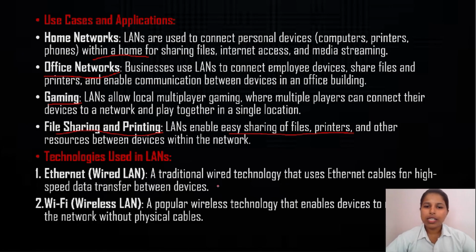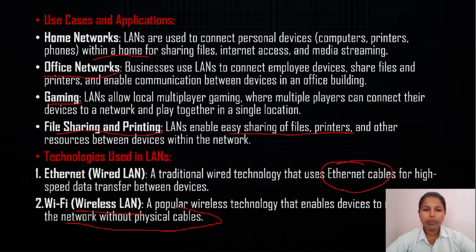Ethernet is a traditional wired technology, an Ethernet cable for high speed data transfer between devices. Wi-Fi is a wireless technology that enables devices to transfer files over the network without any physical cable.